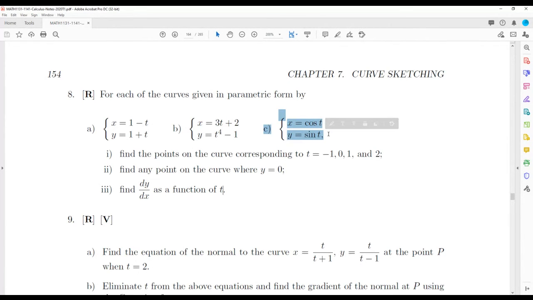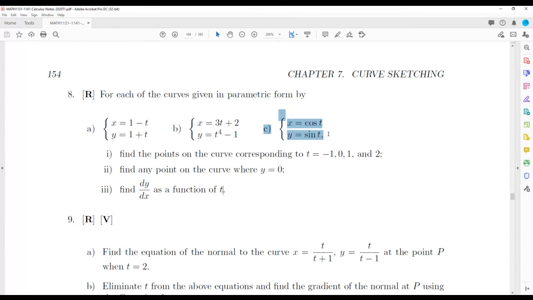Okay, so in the chat, let's look at part C here. Who can tell me, what would you expect this curve to be? How would you describe this curve? It's a circle, yep. Unit circle, yep. Can you say even more? What about the center of the circle? Where would the center of the circle be? Yeah, that's it.